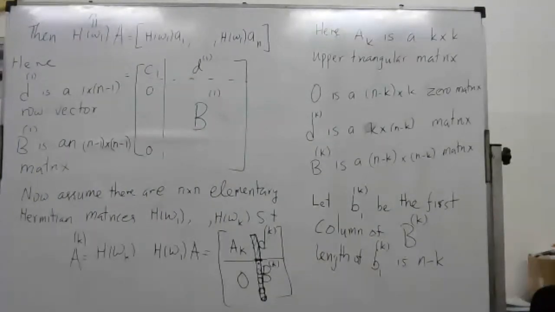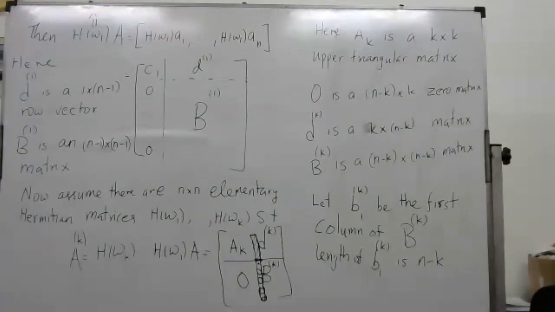Now this part is very important, because the omega you choose is of the length of the vector you are working with. Here, because this vector is of size n minus k, which is smaller than n, the omega you are going to get is of length smaller than n.